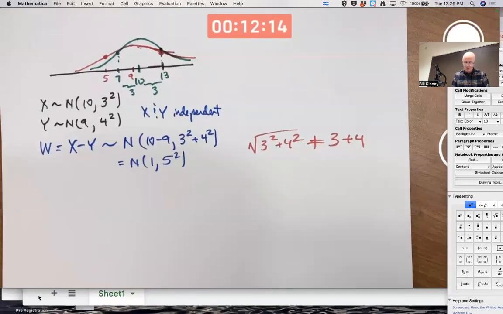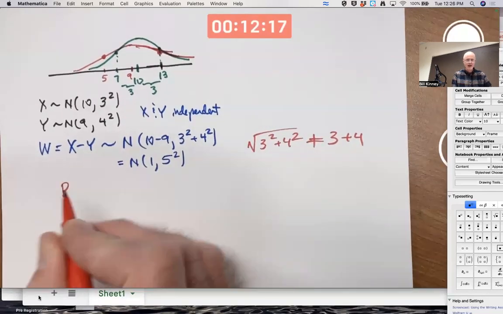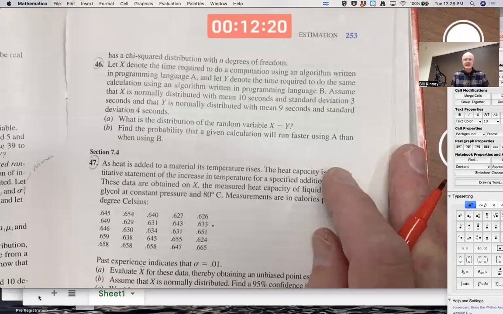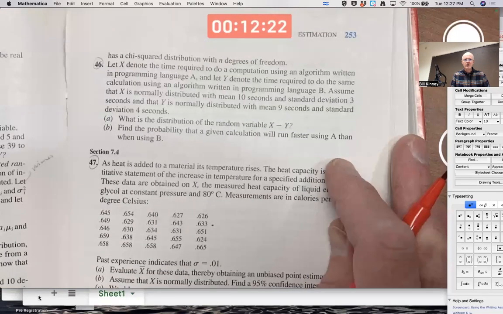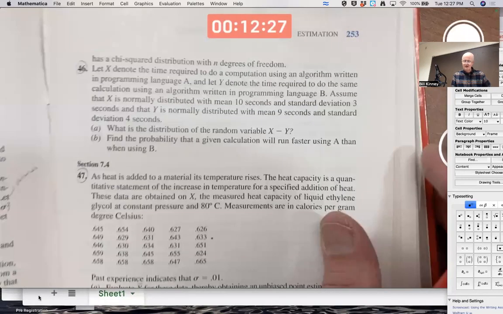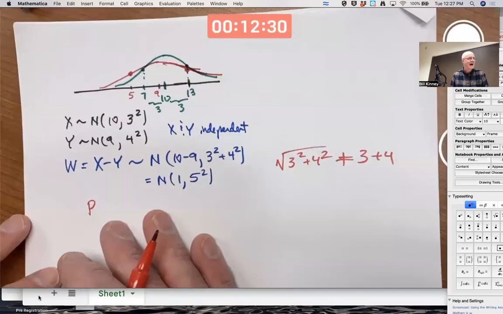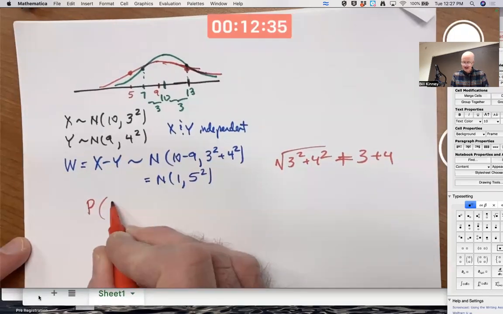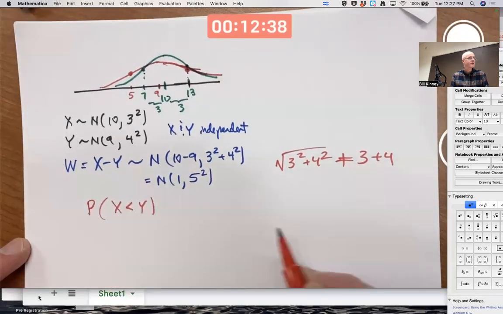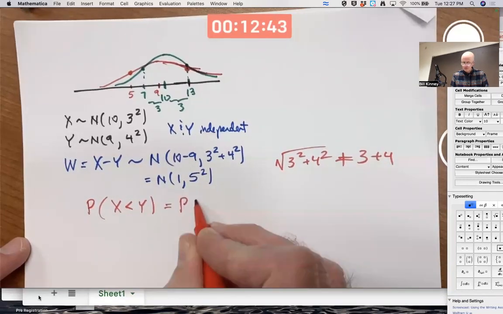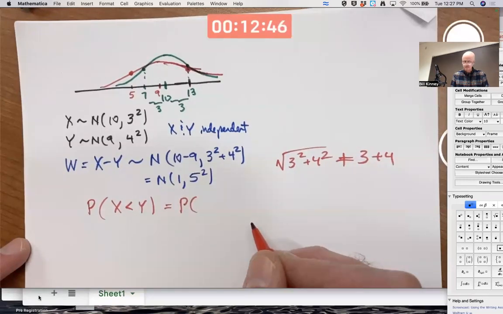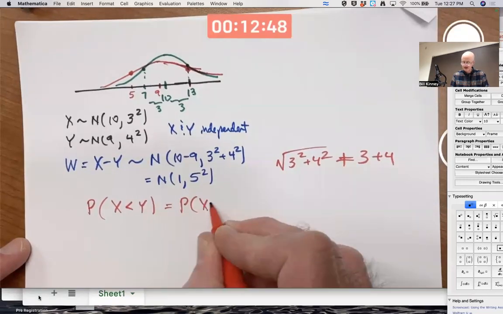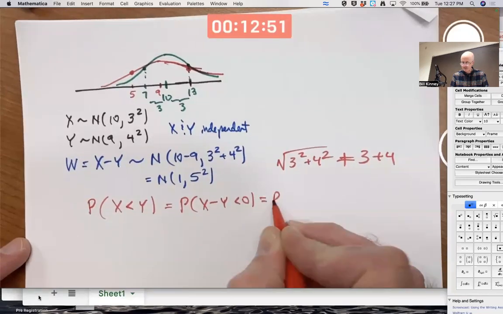Anyway, part B is to find the probability that the calculation for A runs faster than B. A corresponded to X and B corresponded to Y. So A running faster is X being less than Y. Well, rewrite it in terms of W. This is the same as the probability that X minus Y is less than 0, which is the probability that W is less than 0.